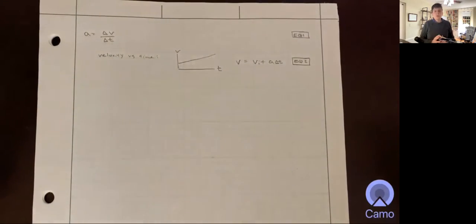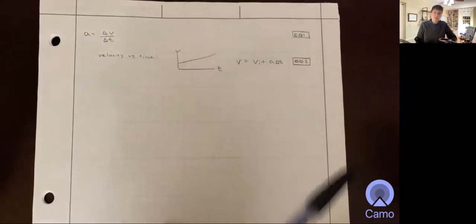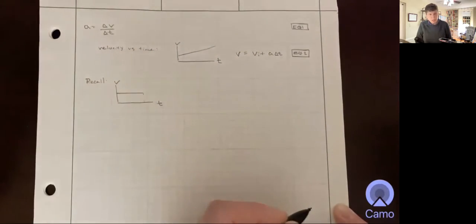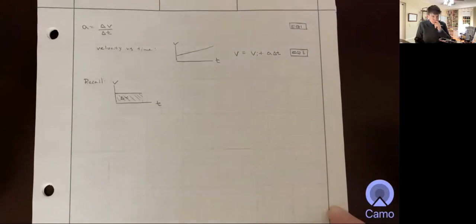Now let's take a look a little deeper into what we can do with the velocity time graph calculations. Just to remind us, previously we saw velocity time graphs in the last unit where the velocity was constant. So just recall this. If the velocity is constant, we can cut that off at any moment in time and say that the displacement is this area, right?